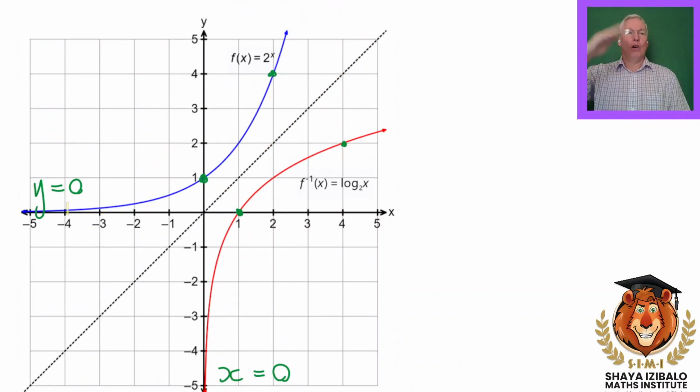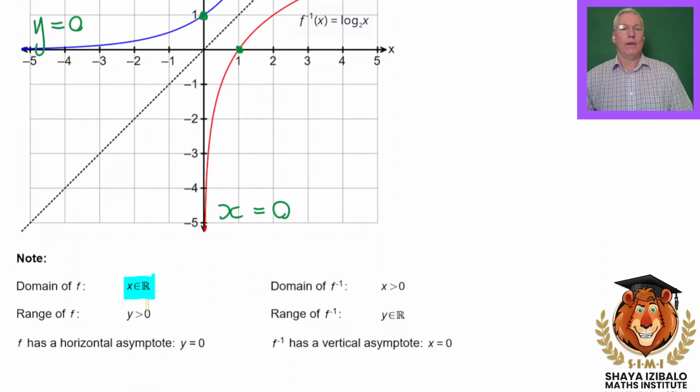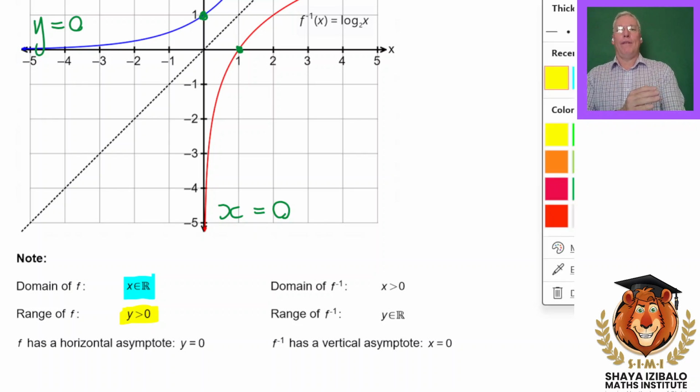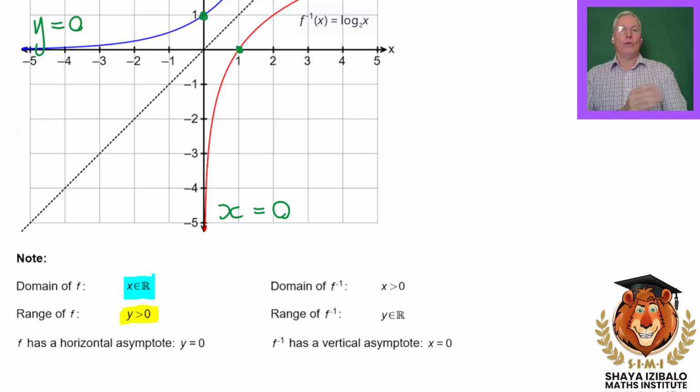It can only go above 0. Now let's look at the domain of the inverse, how far left and right the inverse can go. You'll see it only goes to the right of 0. x has got to be bigger than 0.